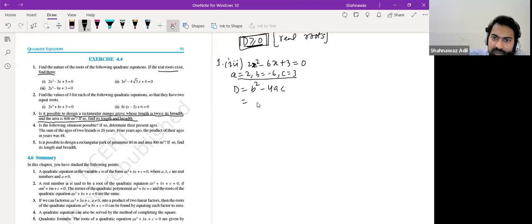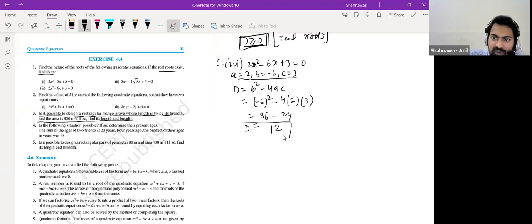B is -6 squared, that is 36, minus 4 into 2 into 3, which is 24. So 36 minus 24 is 12.